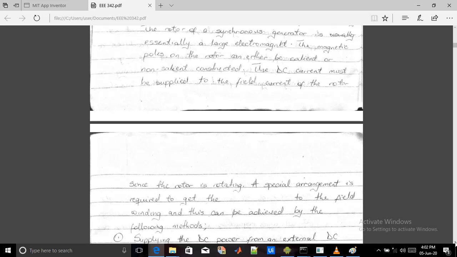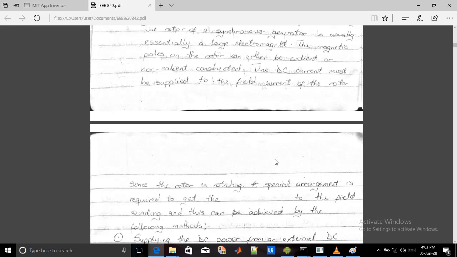Now, if you are applying a current to the field winding, that is the winding on the rotor, imagine you having an external DC source passing the current through the field winding. And remember the rotor is rotating.